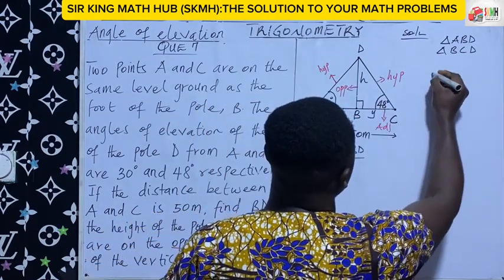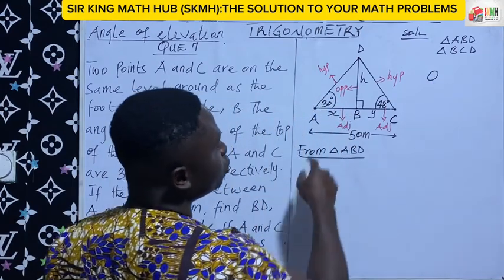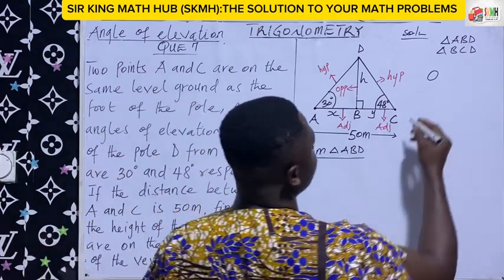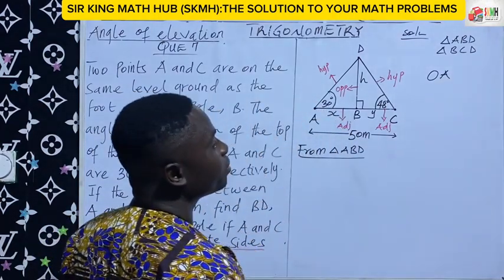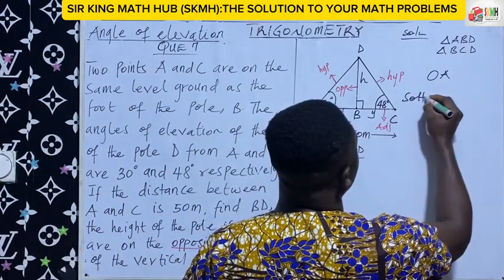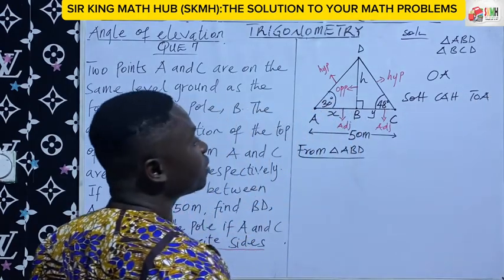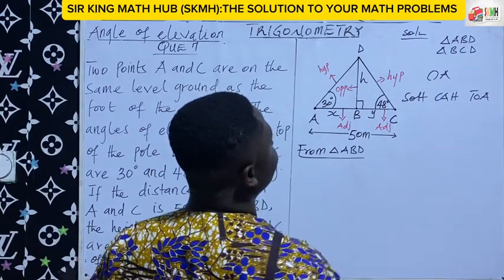So we know the opposite, and then we also know the length of the adjacent as x. So from SOHCAHTOA, which of them has opposite and adjacent?